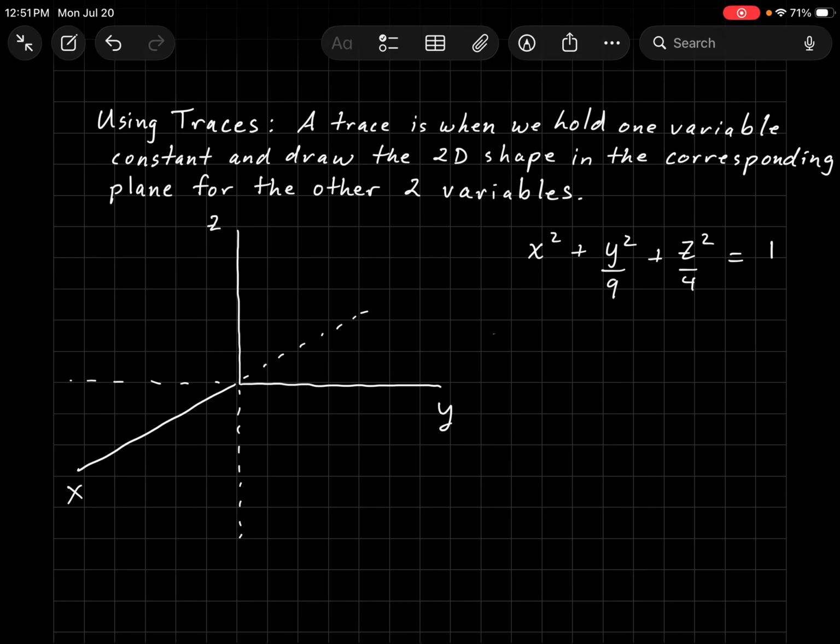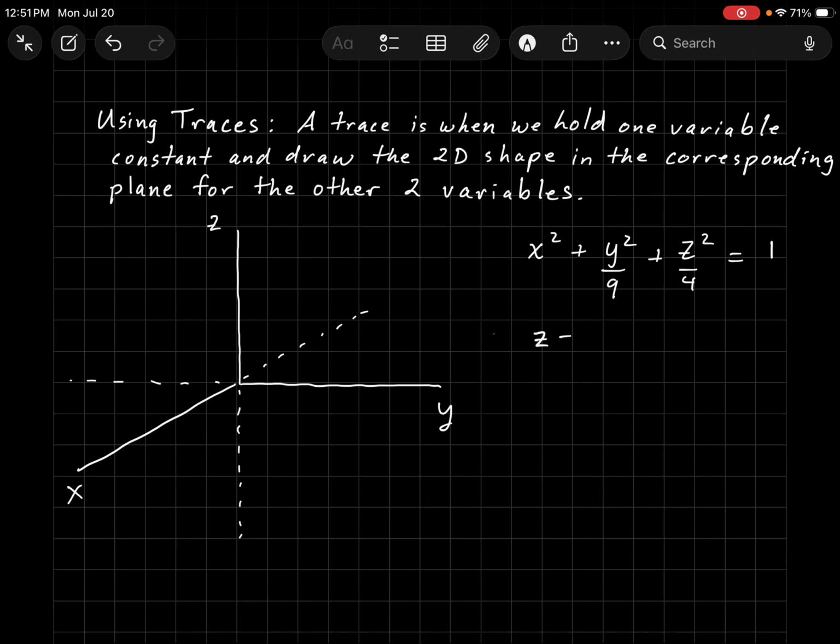So a trace is when we hold one variable constant. Almost always, or very often, we set that one variable equal to 0. And then we draw the two-dimensional shape in the leftover or corresponding planes for the other two variables. What do I mean by that?